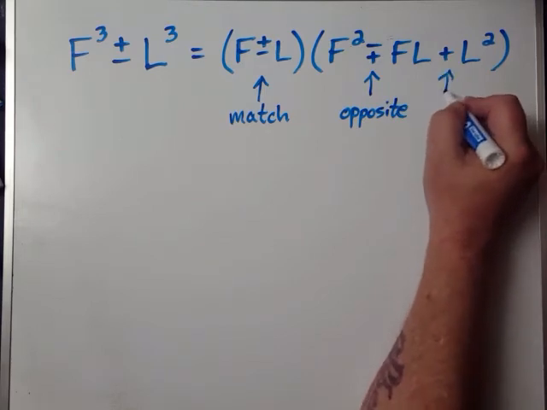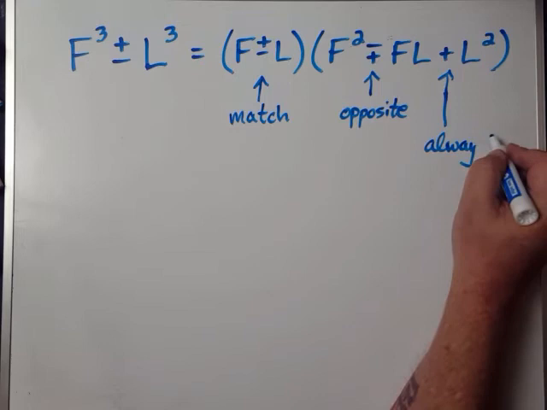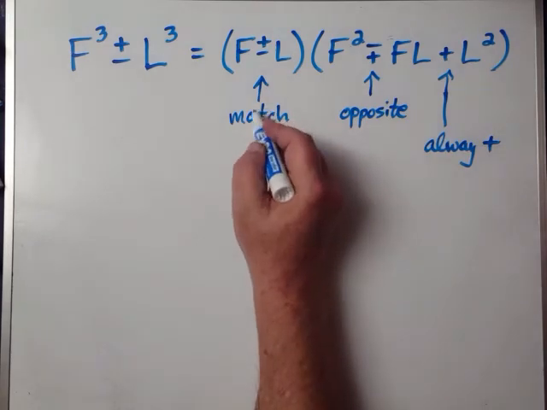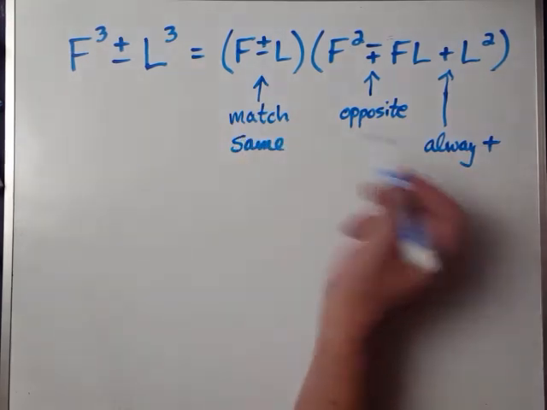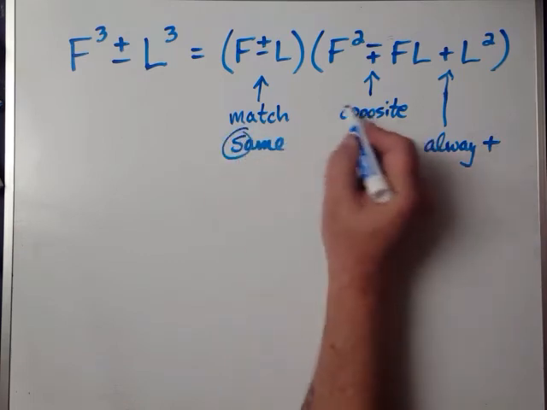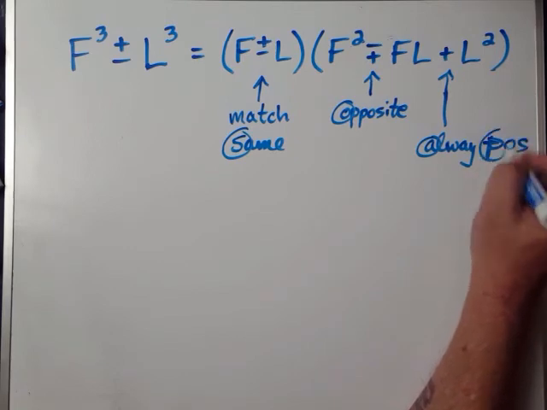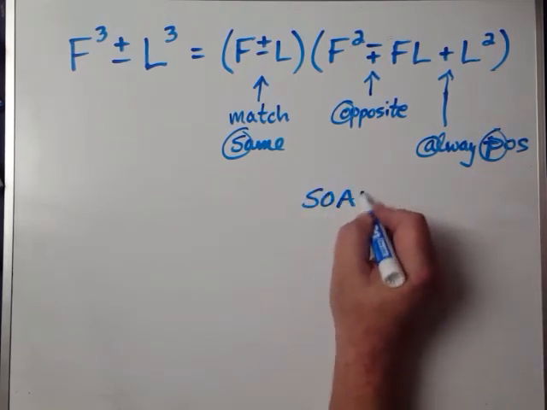And this last sign is always positive, always plus. Now, I've seen some people say the first sign will be the same, because then they can spell something. Same, opposite, always, positive spells soap. And if soap helps you remember, well, use it.